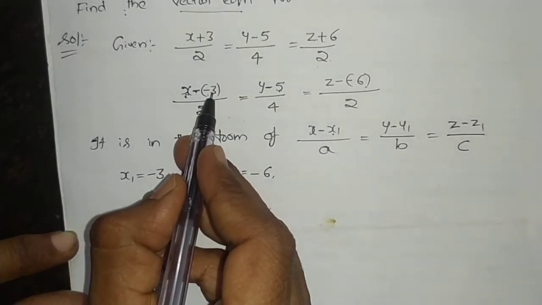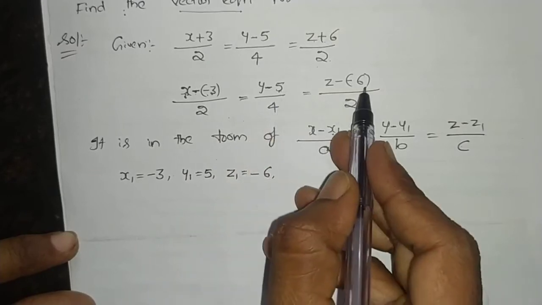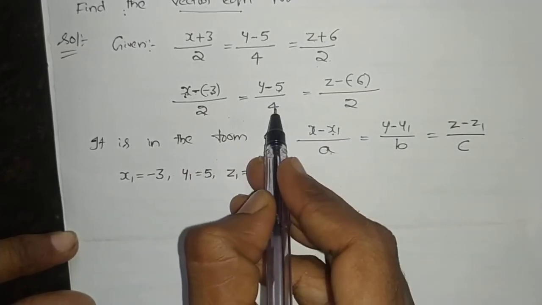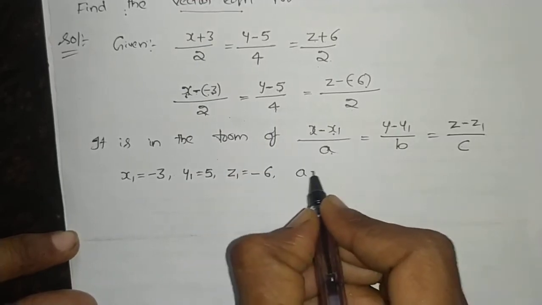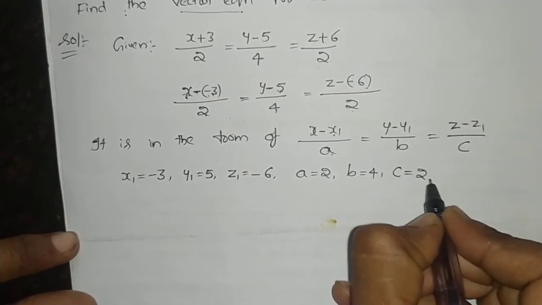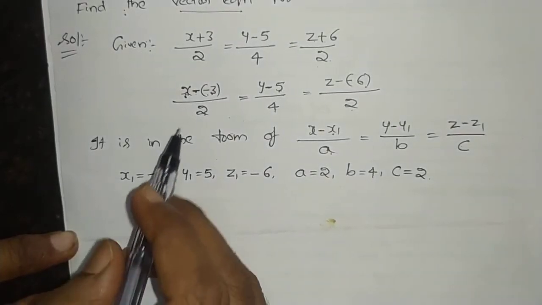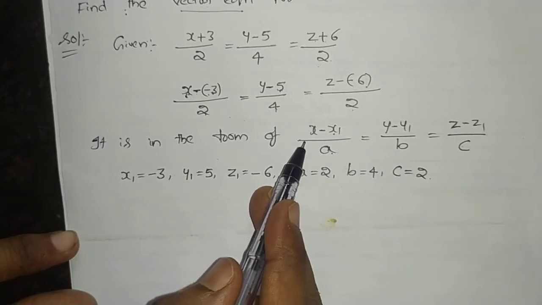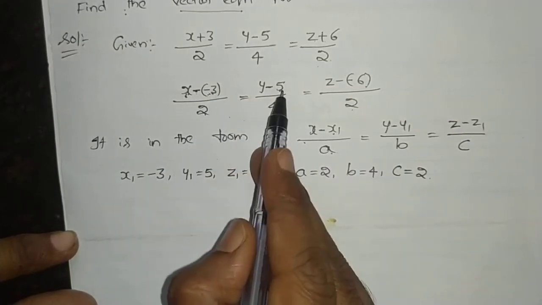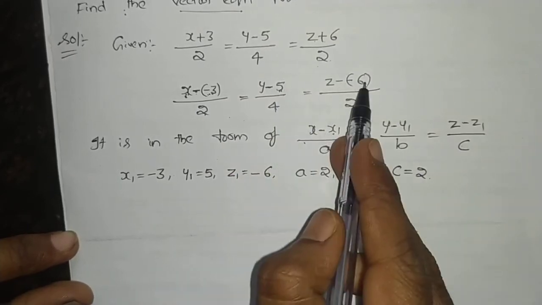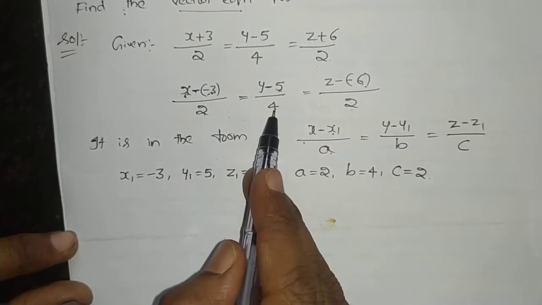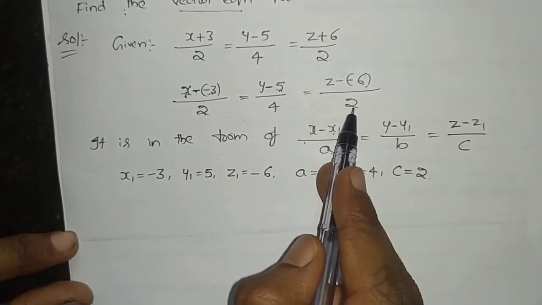Okay, x1 is minus 3, y1 is 5, z1 is minus 6. Next, a is 2, b is 4, c is 2. I am doing nothing else, I am just comparing this equation with the standard equation: x1 is minus 3, y1 is 5, z1 is minus 6, a is 2, b is 4, c is 2.